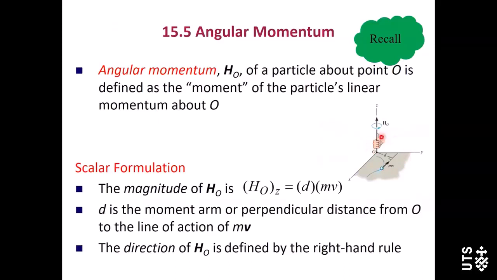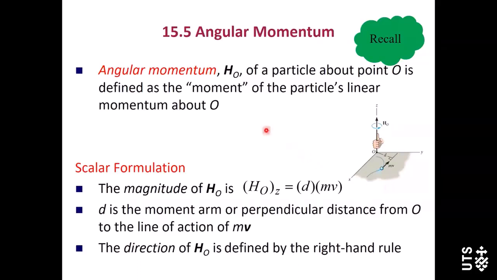In this diagram, a particle has a velocity v. mv is its linear momentum. Now, how to calculate its angular momentum about a selected point?